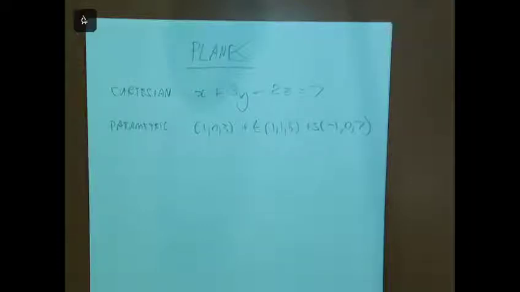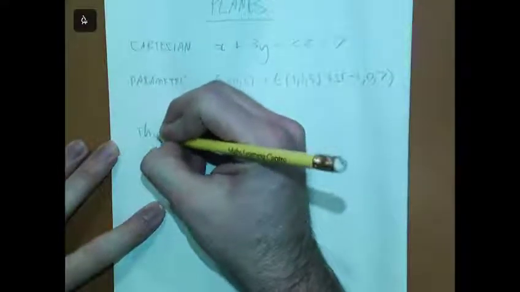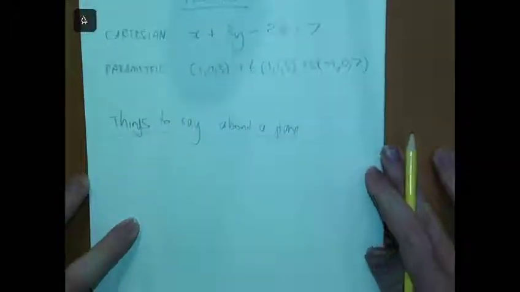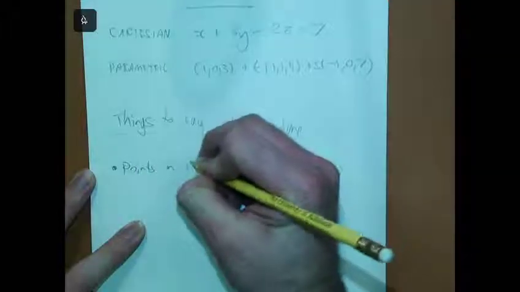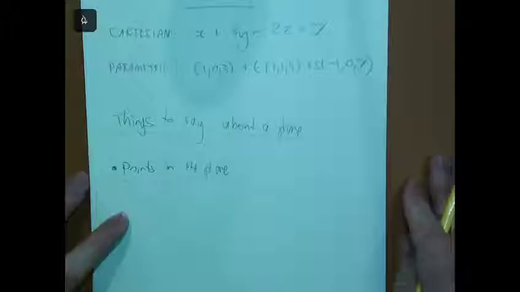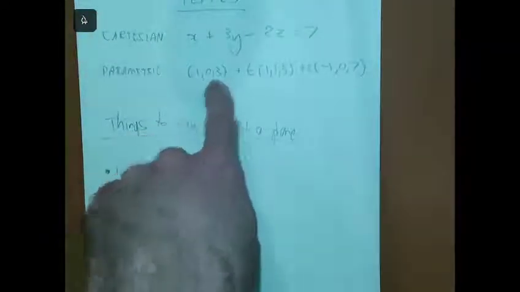So things I could say about a plane are the points that are in the plane. Points in the plane. So if you're in parametric form, I've already got a point. 1, 0, 3 is in the plane.